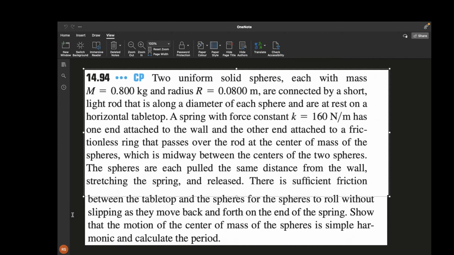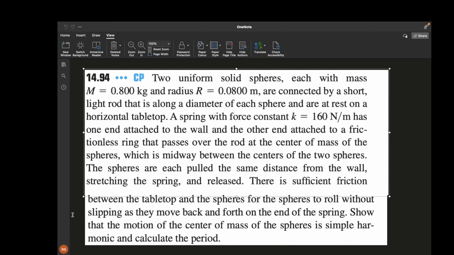So you have two spheres. They're identical in fact. Mass 0.8 kg. The book gives you extra zeros for you people to keep track of significant figures.